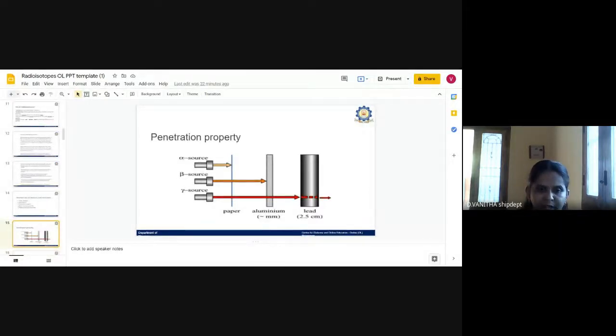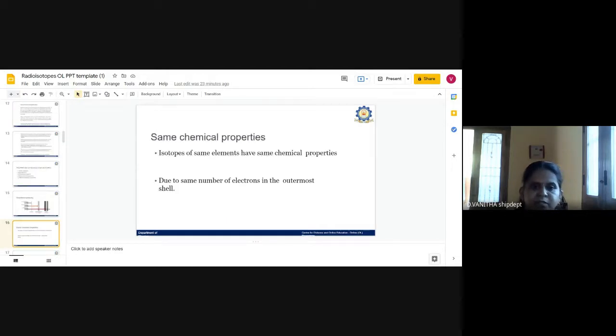A gamma ray can pass through paper, aluminium foil and lead foil. So a gamma source has the highest penetration property.